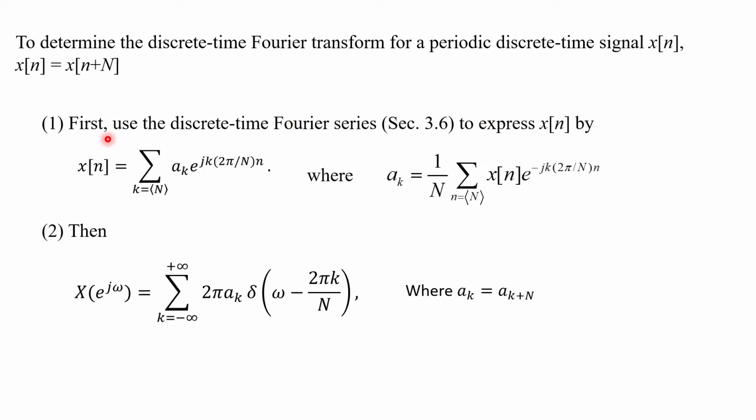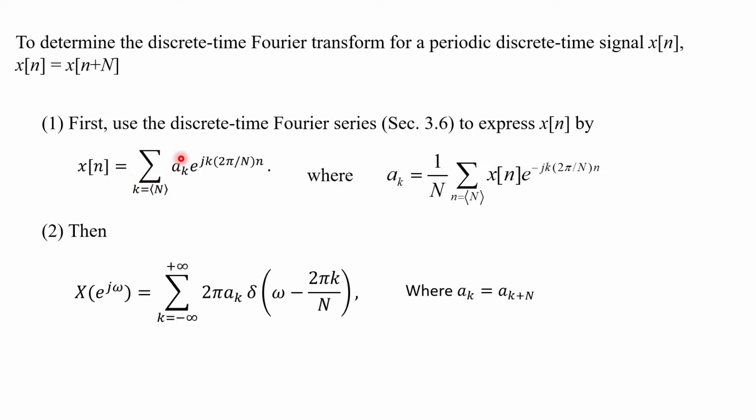And now, summarizing what we have done as a recipe to get the Fourier transform for a periodic discrete-time signal. First you have your periodic discrete signal, and you express it as a Fourier series. You can calculate the a_k once again with your analysis equation: the sum of x[n] times e to the minus j omega n, with some normalization. With this, you can write your x[n] as the summation of a_k e to the jk omega n, or jk 2 pi over N times small n.